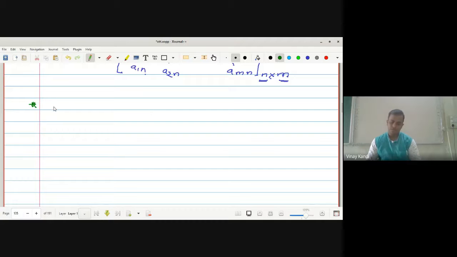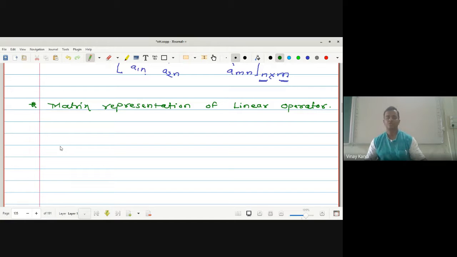Now the next point is matrix representation of a linear operator. First, we are going to see what a linear operator is. We know linear transformation. But what is a linear operator?